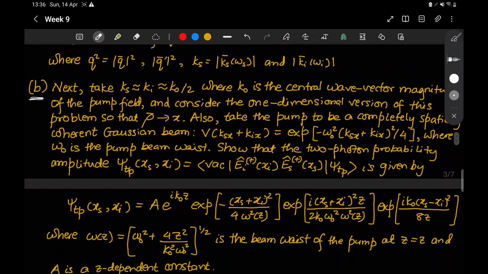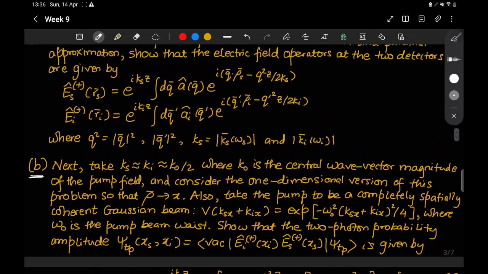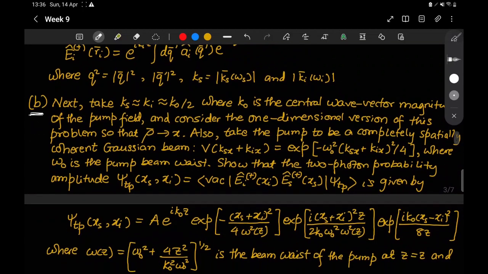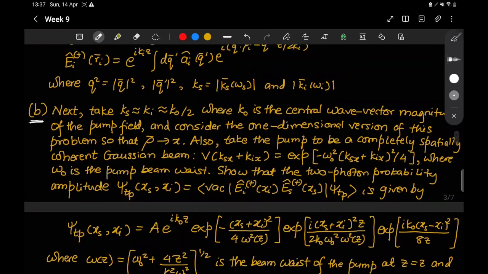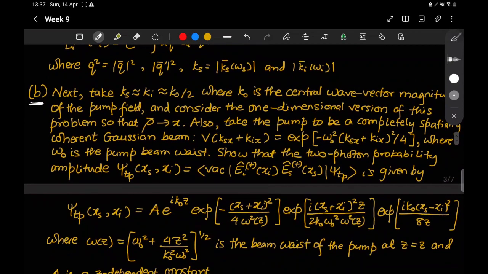Part B was what we were doing, and it says, next take Ks approximately equals Ki approximately equals K naught by 2, where K naught is the central wave vector magnitude of the pump field. Consider the one-dimensional version of this problem so that rho goes to x. Also, take the pump to be a completely spatially coherent Gaussian beam, where omega naught is the pump beam waist.